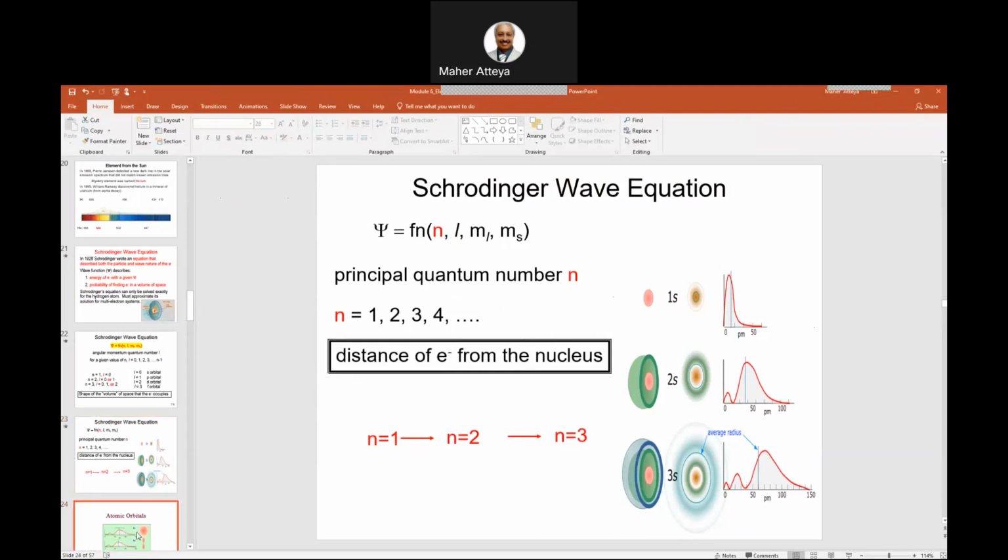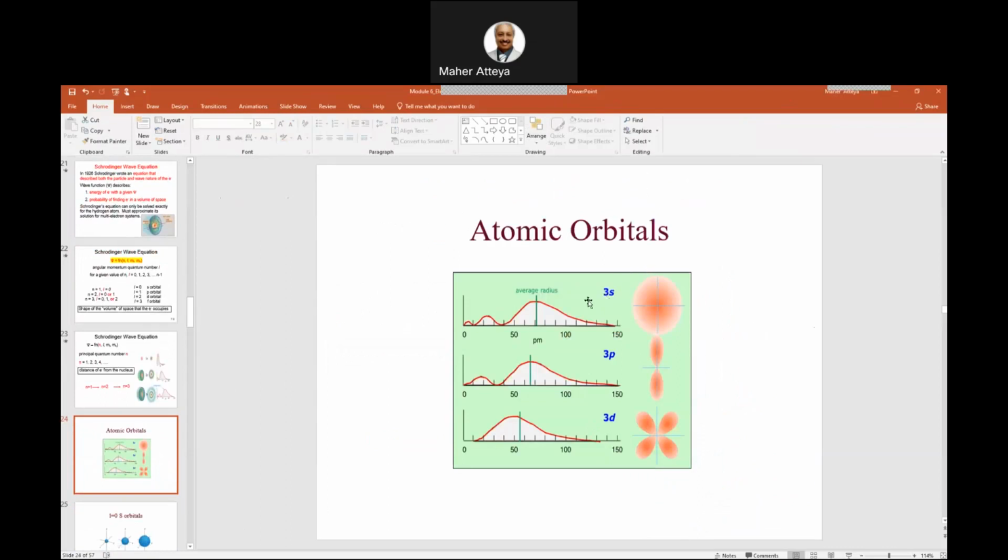Angular gives you the orbital designation, orientation in space, but the m will give you the shape. The s is spherical. The p orbital is what? A dumbbell. The d orbital is a very complicated dumbbell.